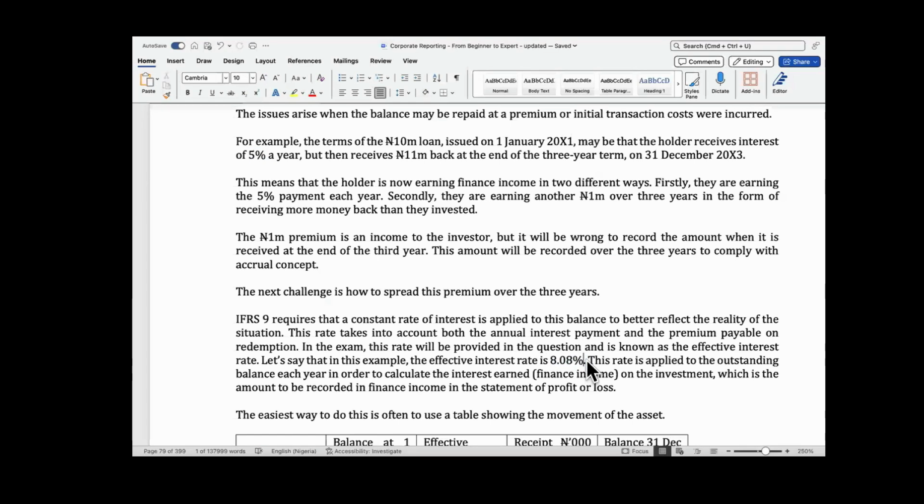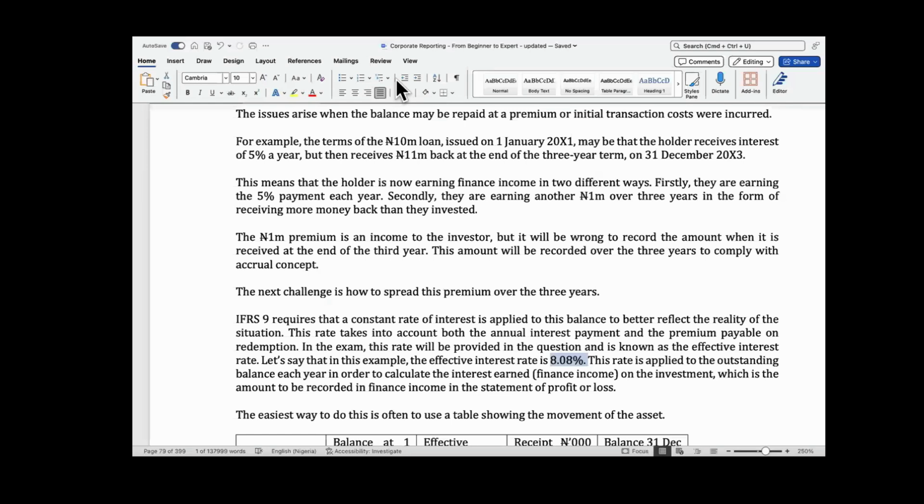So you see, the key thing you're learning here is this: when an entity invests in a debt instrument, and you see that in addition to the fixed interest there are some additional extra cash flows, additional extra income, then you should expect an effective interest rate.